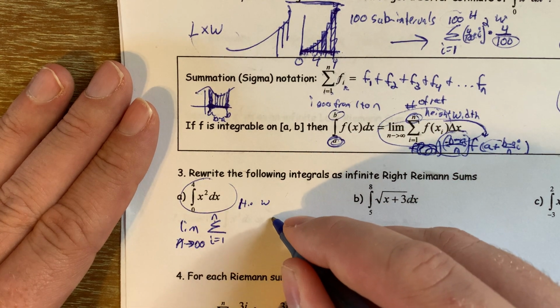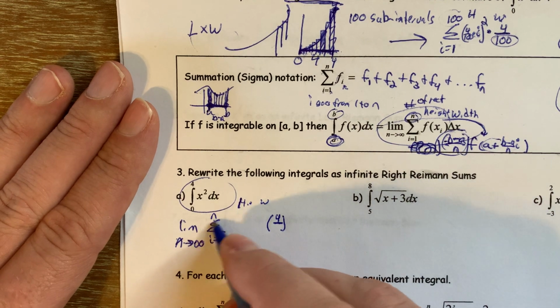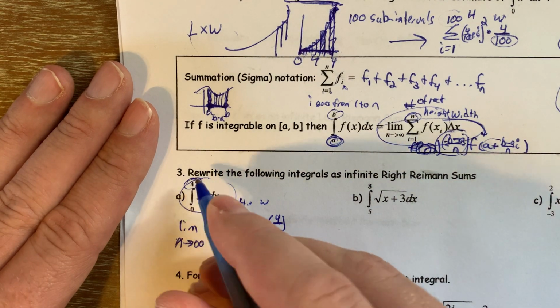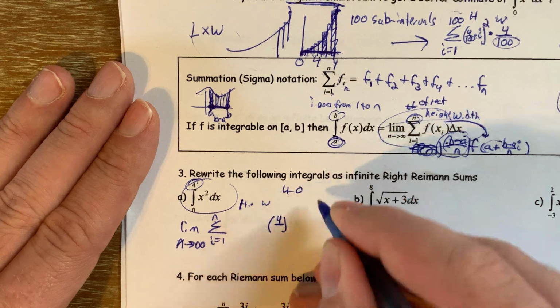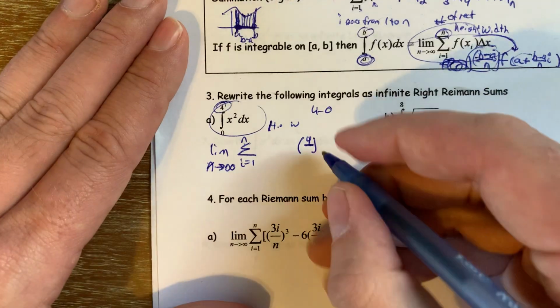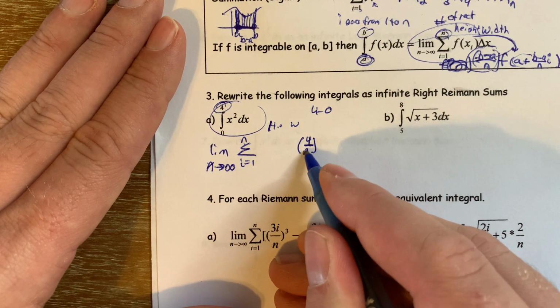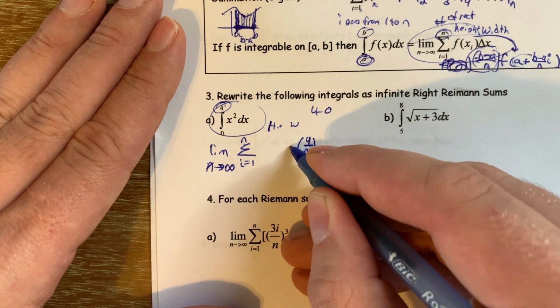The width is going to be 4 over however many rectangles. We're going to take that length of 4 because it's 4 minus 0. So 4 minus 0 is how much spread there was here, right? And we're going to divide it into n rectangles. And as n goes towards infinity, this width is going to be going towards 0.